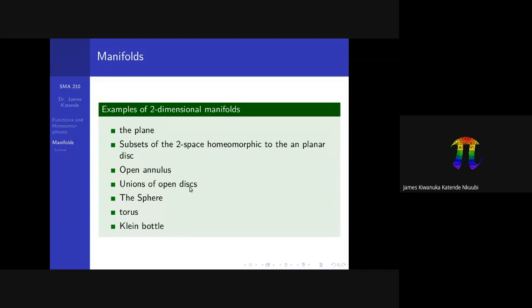Unions of open disks: if you have several open disks, then that is also a two-dimensional manifold. The sphere is a two-dimensional manifold because at any point on the sphere, you can always create a basic neighborhood that is homeomorphic to an open planar disk, because any open planar disk can actually be bent to fit on the sphere.